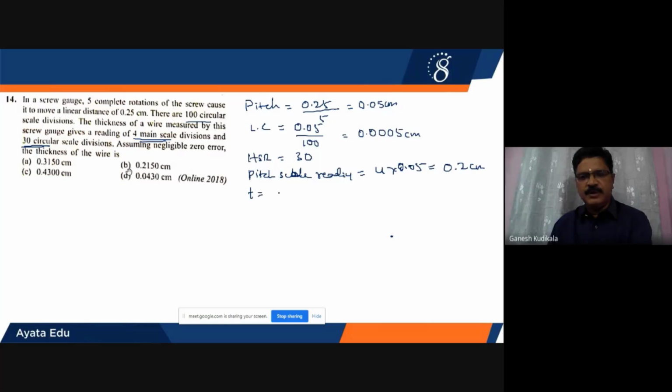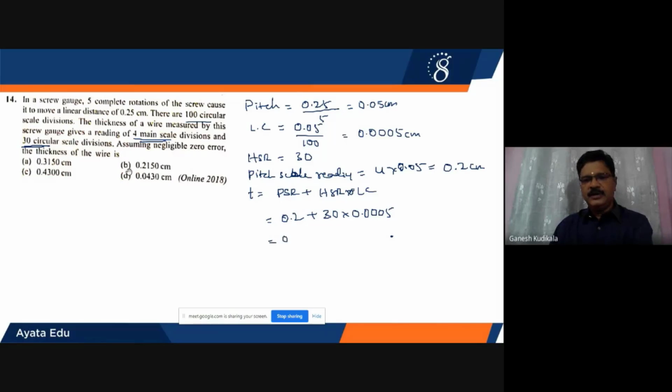is given by T equals pitch scale reading plus head scale reading into LC. Pitch scale reading is 0.2 plus head scale reading, which is 30 into 0.0005.